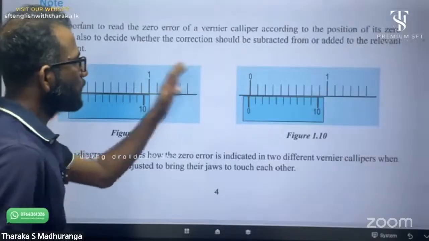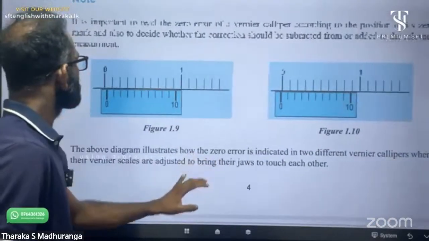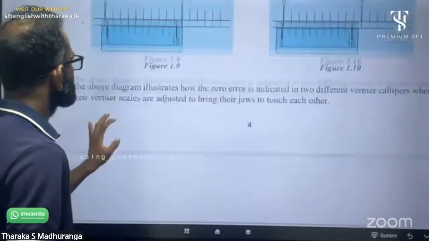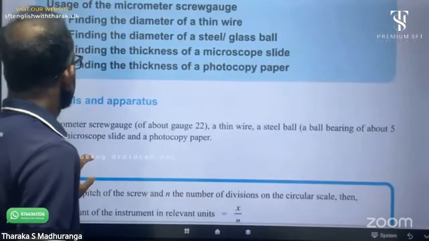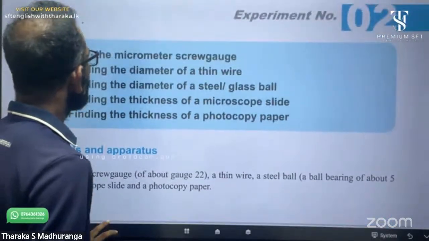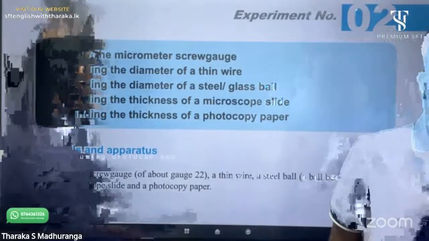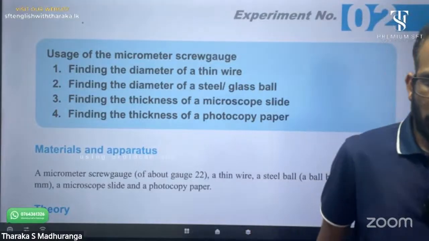This is positive, negative zero error, I already explained. Any doubt? Do you have any doubt?